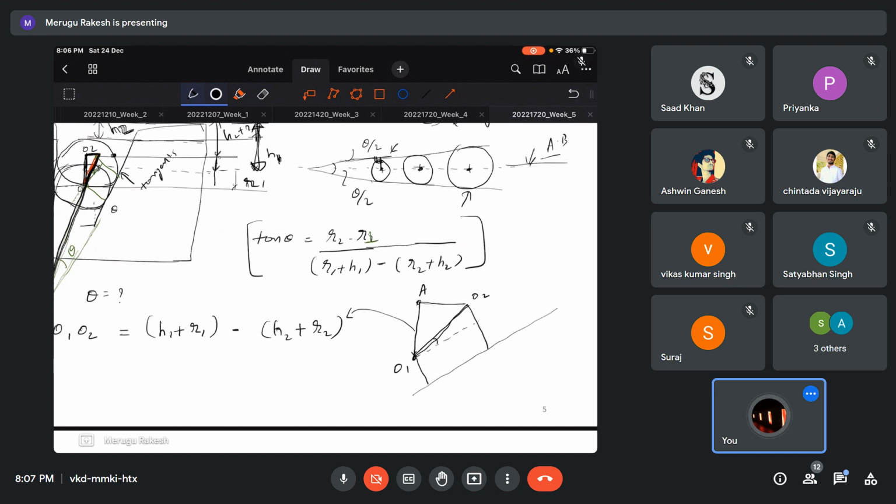So this is the theta I need actually, and I have this value, that is R2 minus R1. So in order to get this tan theta, I need this opposite side. Okay, so let us try. So this is 90 degrees.